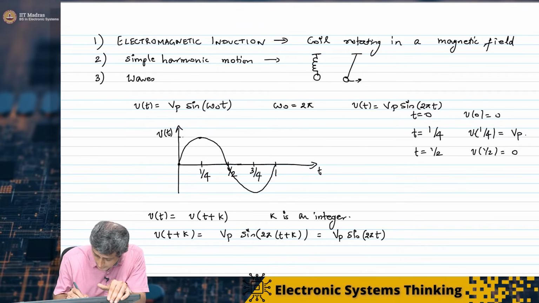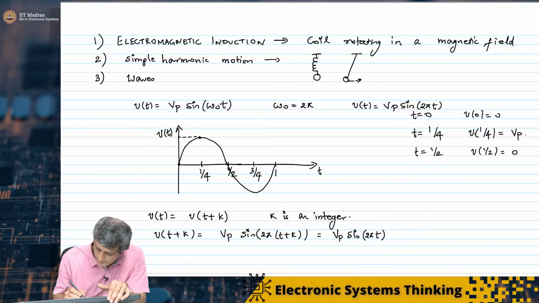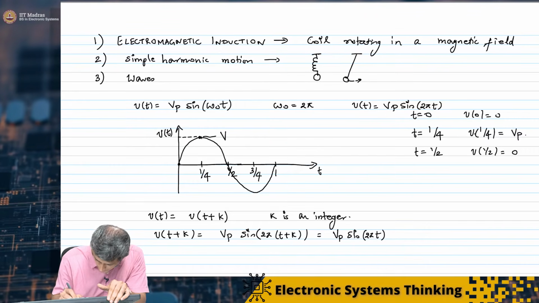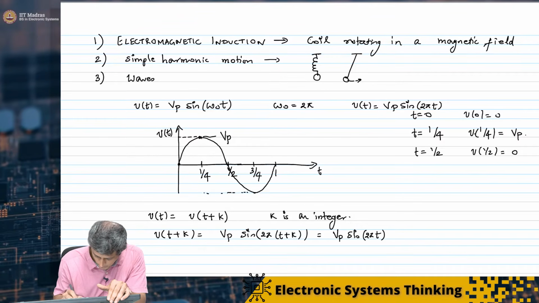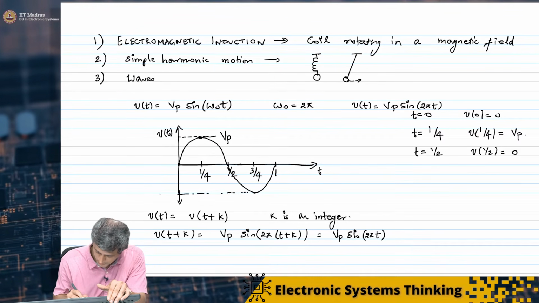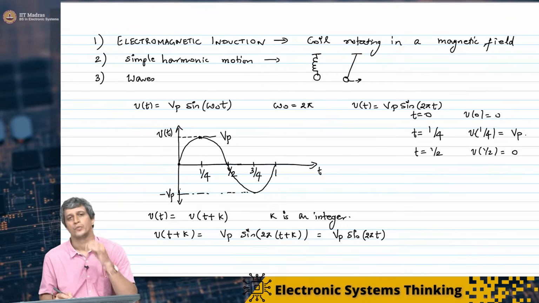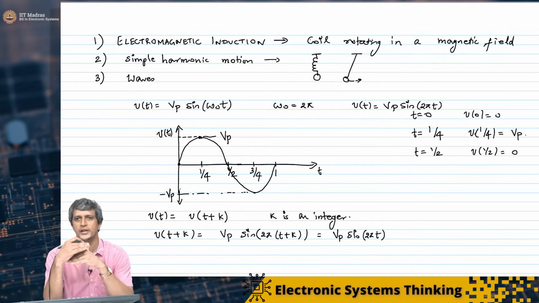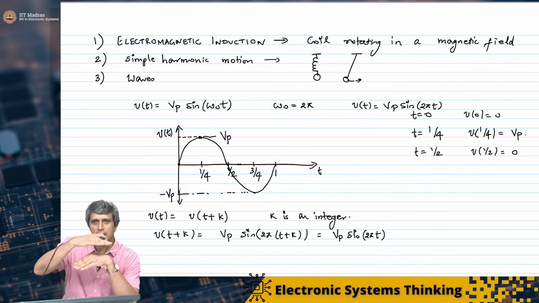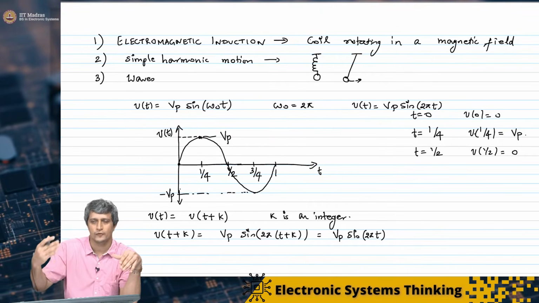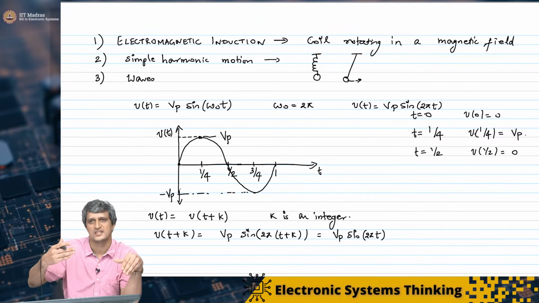And what is this value here? This value is going to be Vp, and this value is going to be minus Vp. So the sinusoidal wave is contained between plus Vp and minus Vp, and it just repeats after 1 second actually.